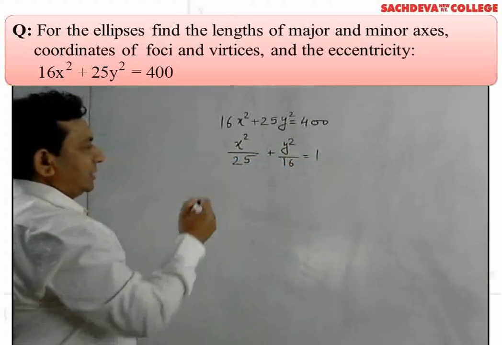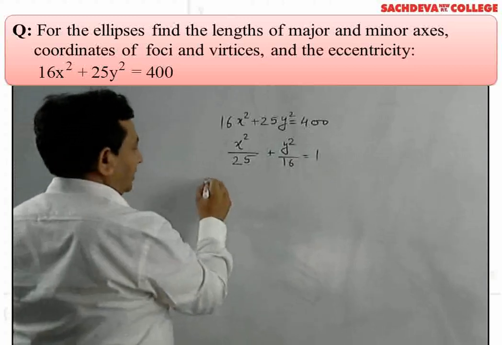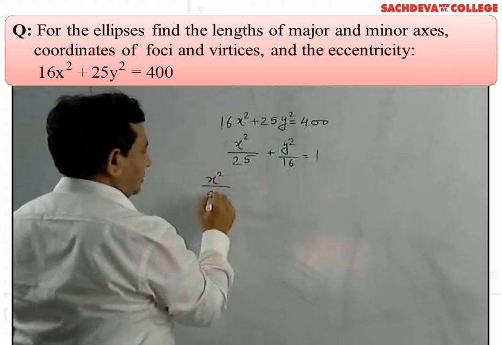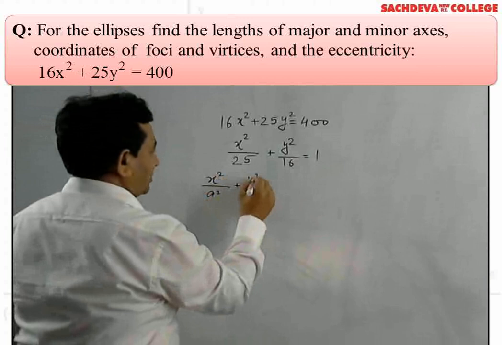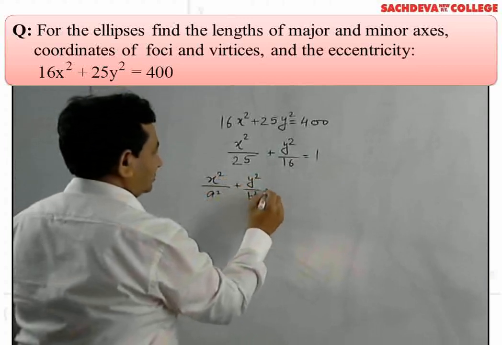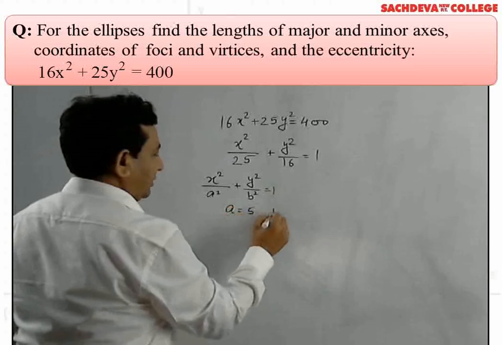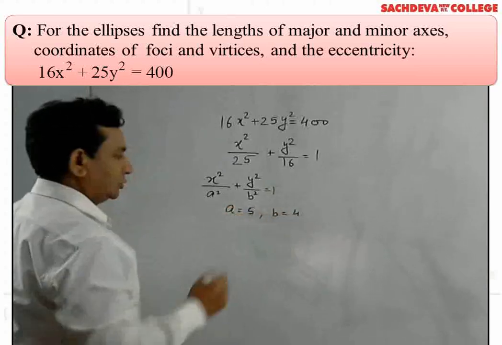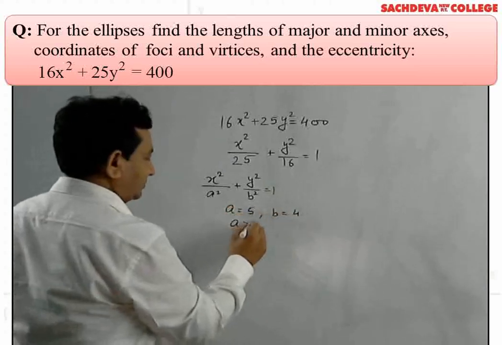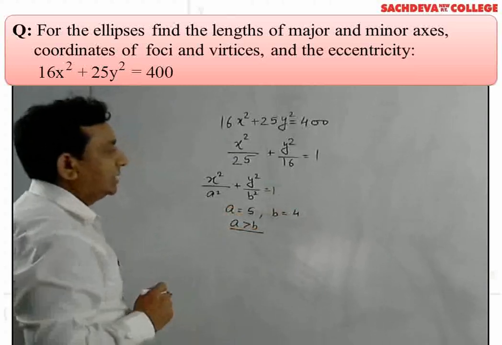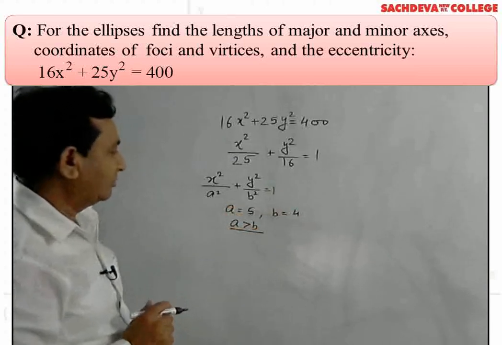If we compare the given equation with x square upon a square plus y square upon b square is equal to 1, then we find a is equal to 5 and b is equal to 4. So a is greater than b here. It means ellipse is of horizontal form.